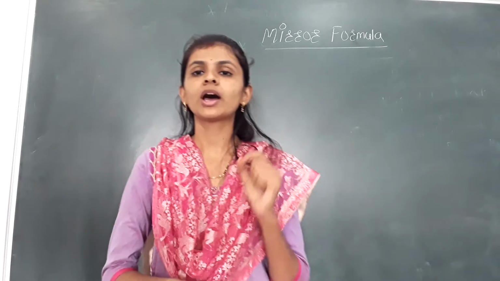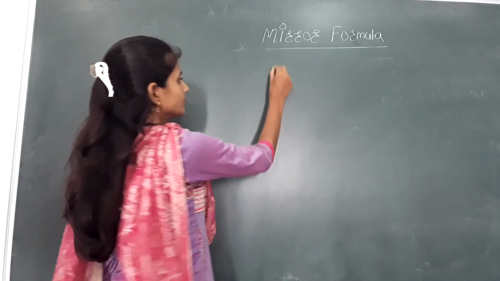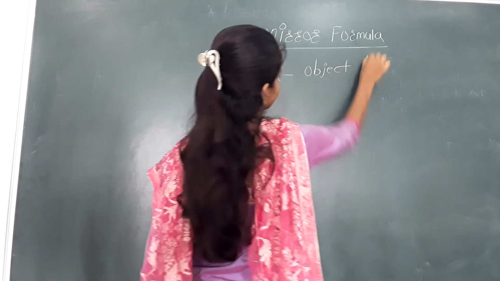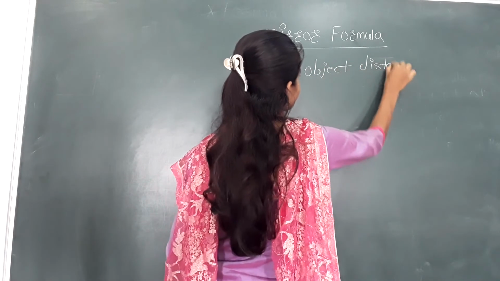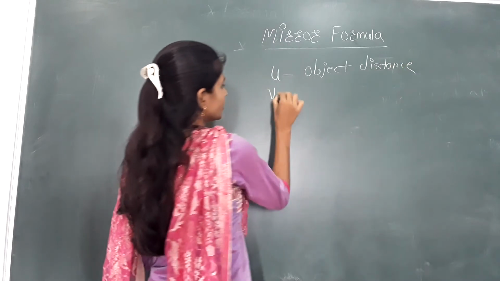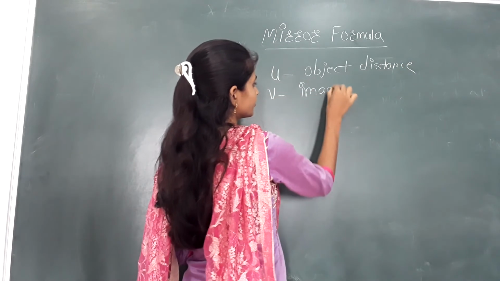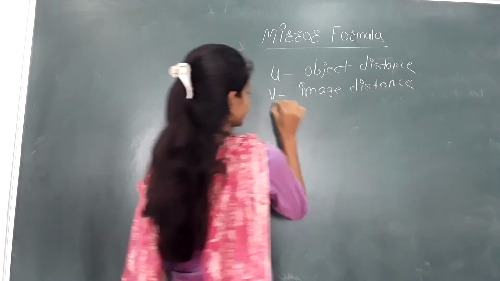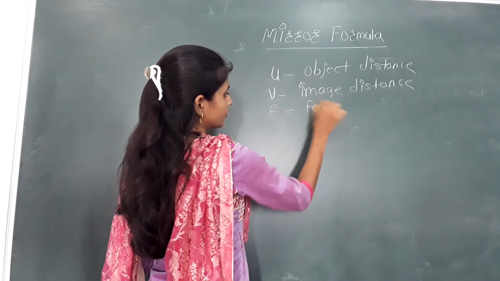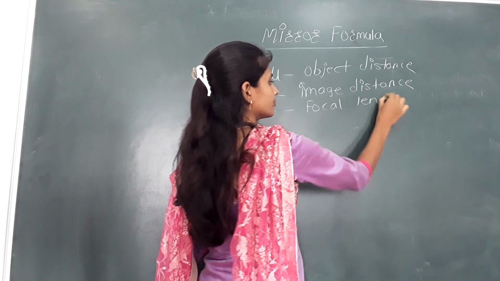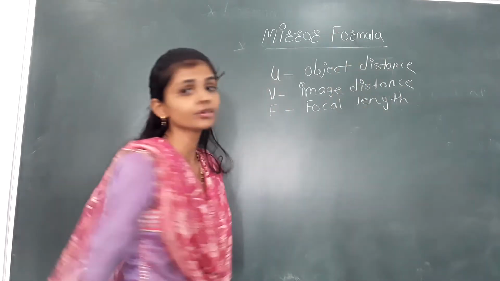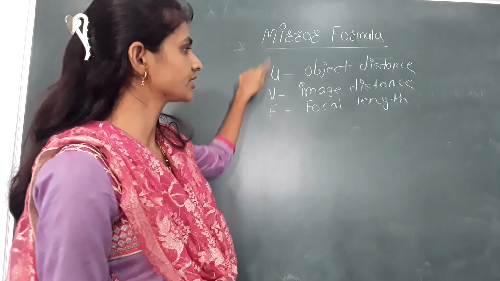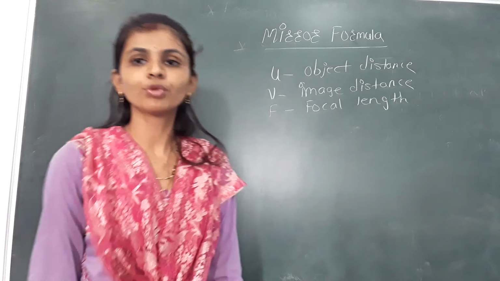The mirror formula gives the relationship between u, object distance, v, image distance, and the focal length. It tells us the relation between object distance, image distance, and focal length.